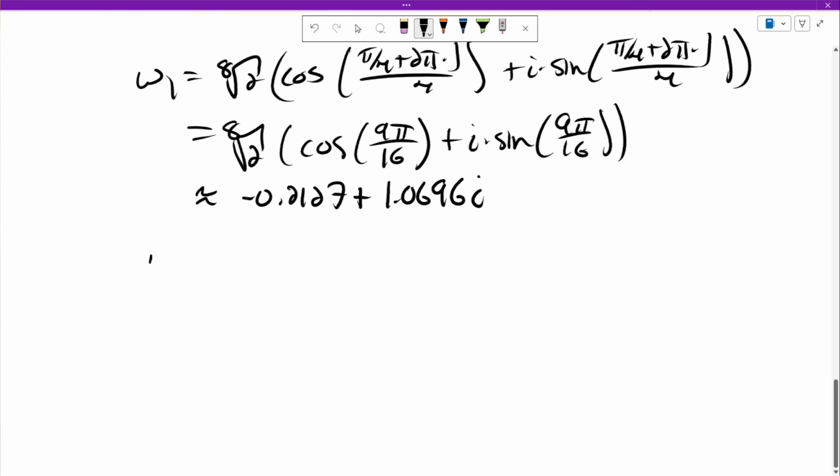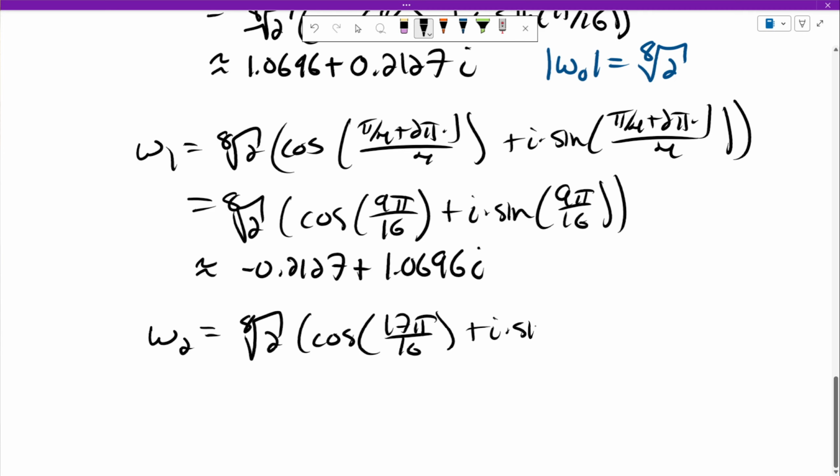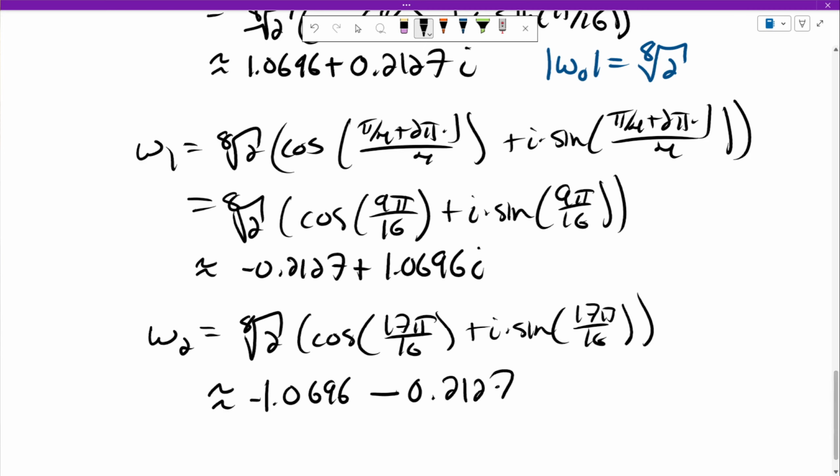Let's just quickly write down the remaining 2. For the next one, instead of a 2 pi, we're going to have 2 pi times 2, which is 4 pi. And so 4 pi plus pi fourths is 17 pi fourths. So if you do this quickly, you get cosine 17 pi over 16 plus i sine 17 pi over 16. And that is approximately negative 1.0696, not plus, a minus 0.2127i.